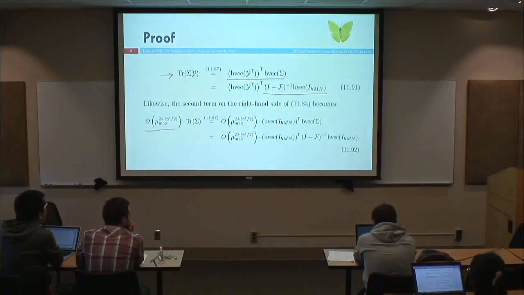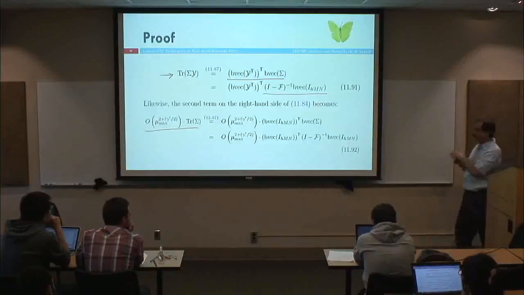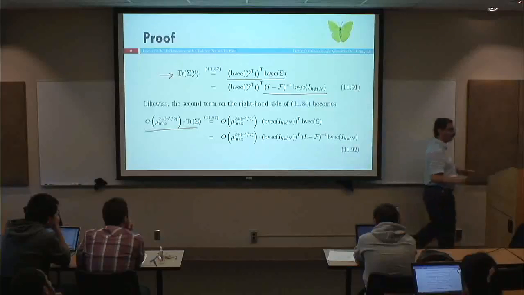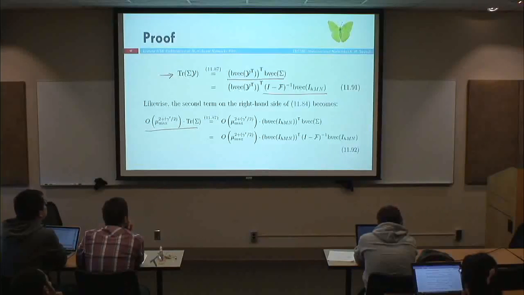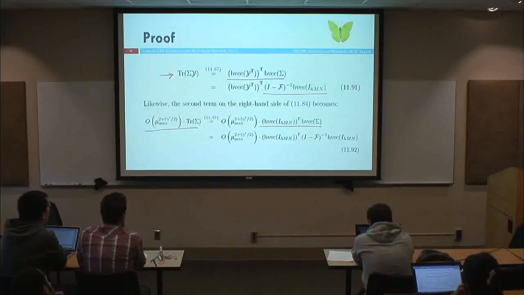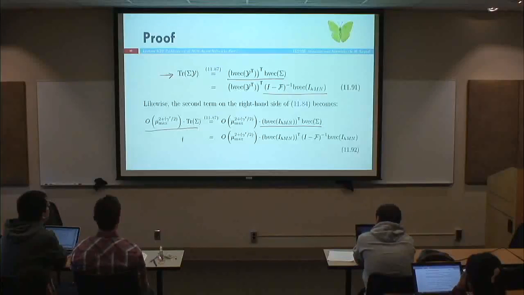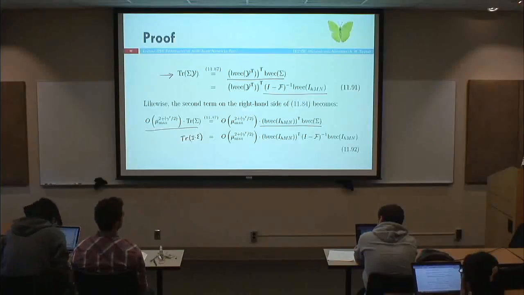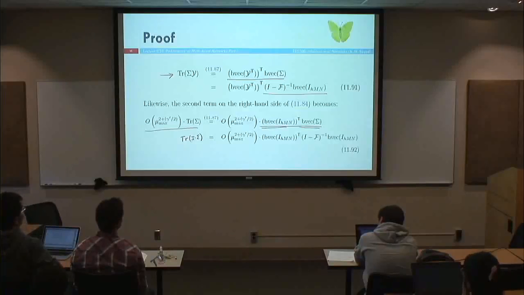Okay, so let's look at that term first. Show that it is higher order. Well, all I have to do is this: it is the trace of sigma, which is the trace of identity times sigma, right? So I can write it as the inner product of two b vecs, so that I can introduce the b vec of sigma.